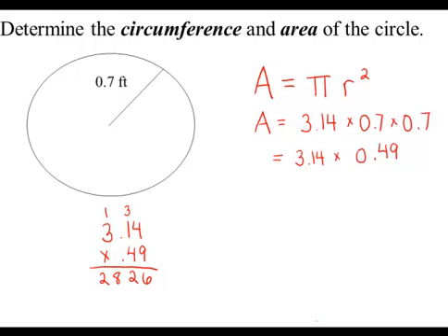Write a 0 as a placeholder, then begin with 4 times 4, which is 16, carry the 1. 4 times 1 is 4, plus 1 is 5. 4 times 3 is 12. Add these columns.